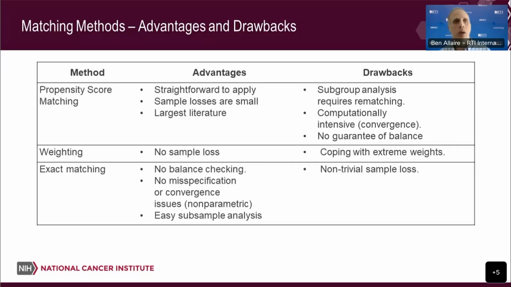And so this is just a brief discussion of some of the advantages and drawbacks. What matching method you pick is going to be dependent upon your research question, and so I've tried to lay out some advantages and also some drawbacks. In terms of propensity score matching, it's very straightforward to apply, which is good. And then your sample losses.